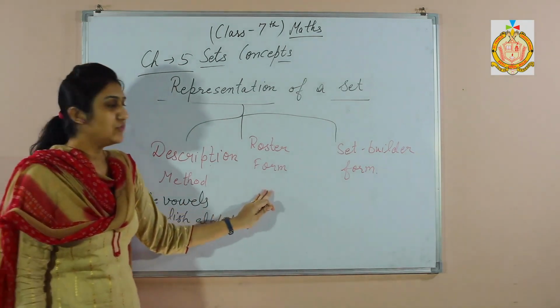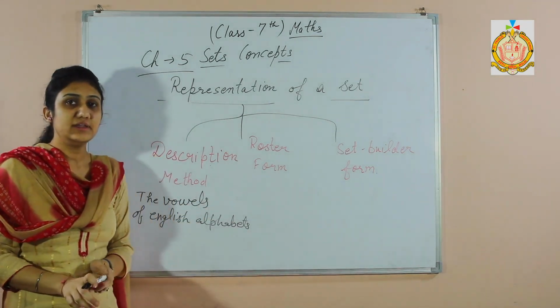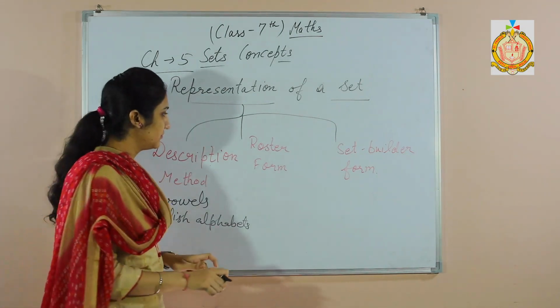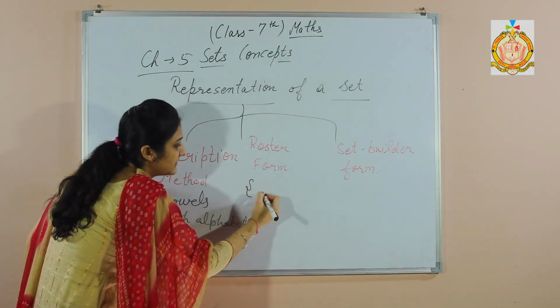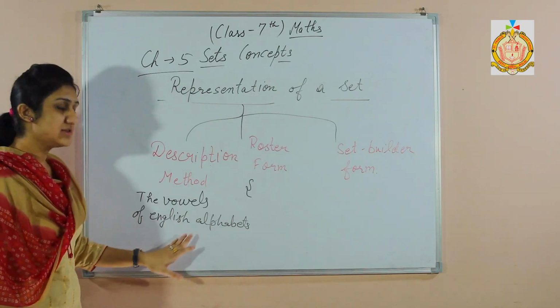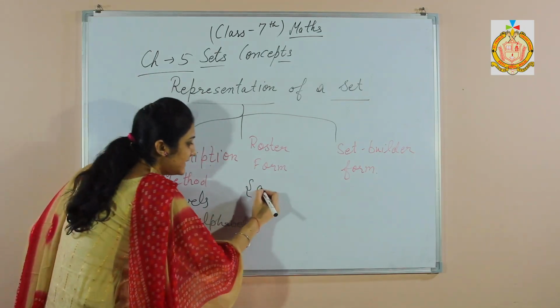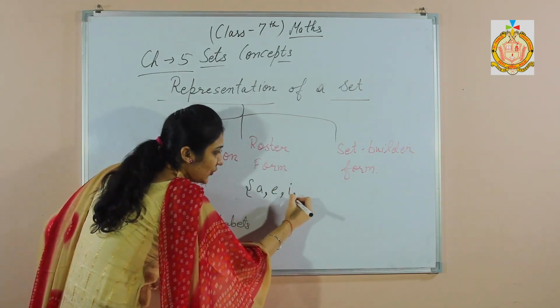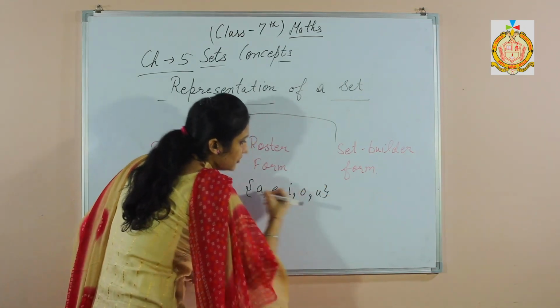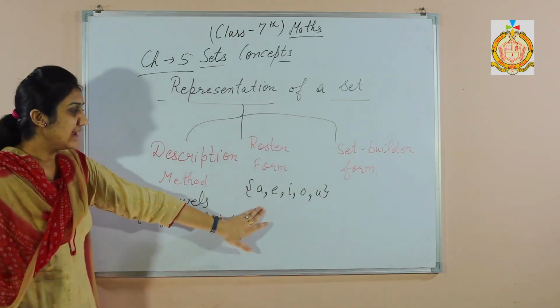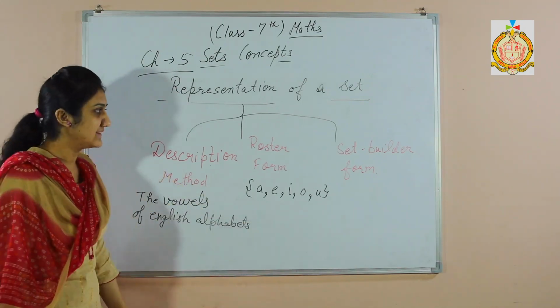In the roster form, we write it with curly brackets. Like here, the vowels of the English alphabet are A, E, I, O, U. So these are the actual elements and are written within curly brackets.